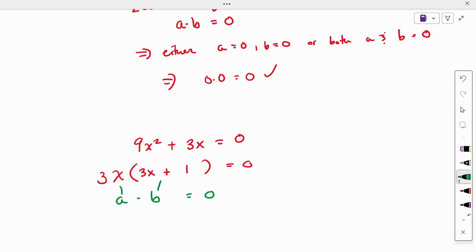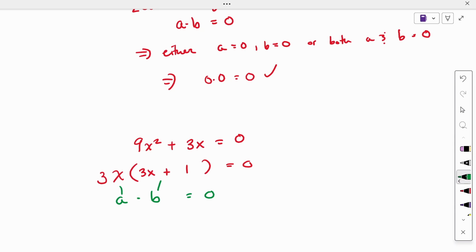And while we're not used to thinking of an entire expression, such as 3x plus 1, as being just a single value, if we did know what x happened to be, we would take our x value, multiply by 3, add 1, and of course that would give us just some number.